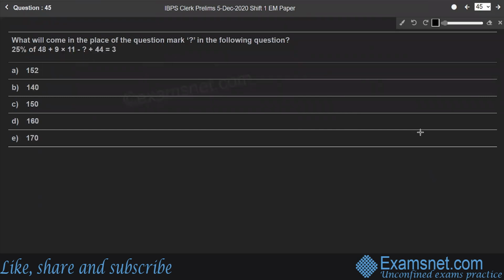Question 45. What will come in the place of question mark in the following question? Here is the question. It is 25% of 48 plus 9 into 11 minus some value, here is the question mark, let the value be x, plus 44 is equal to 3. So here again we are using the BODMAS rule.